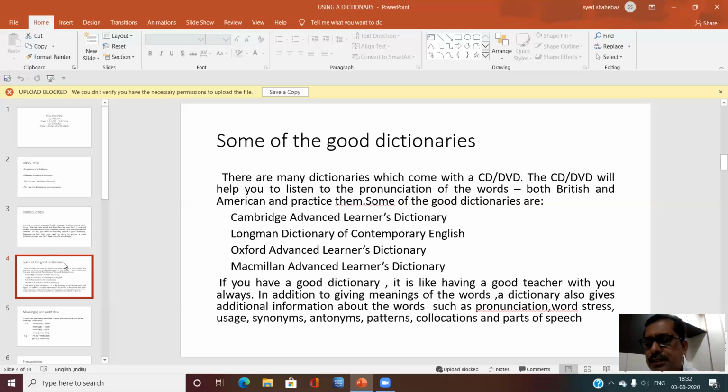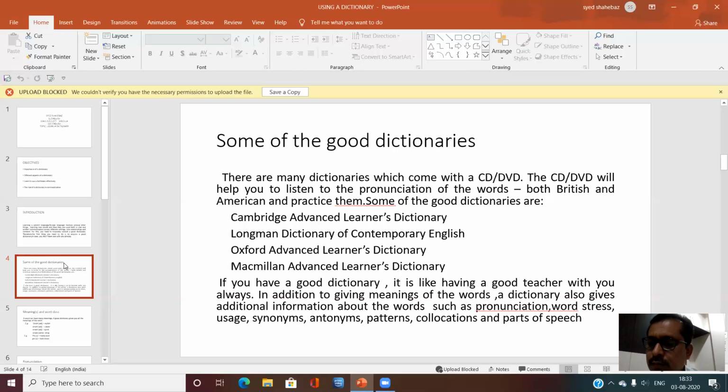And parts of speech. In the dictionary, you learn parts of speech, whether the word is noun, verb, adjective, adverb, conjunction, interjection. If it is noun, whether it is countable noun or uncountable noun.